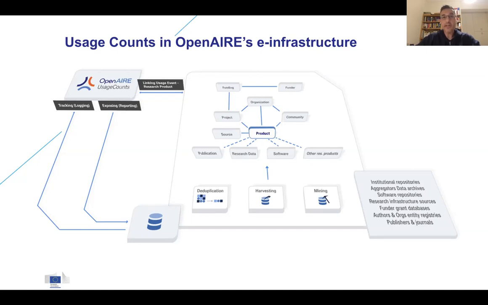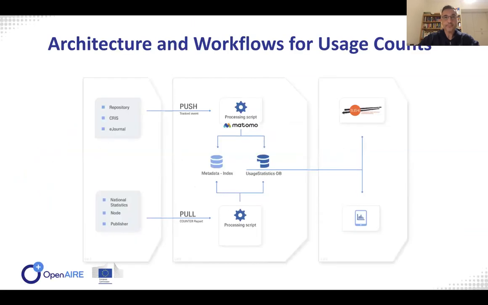And the OpenAIRE UsageCounts service simply gets the usage of this research product. It counts this usage and exposes, via reports, a set of statistics that refer to this usage.